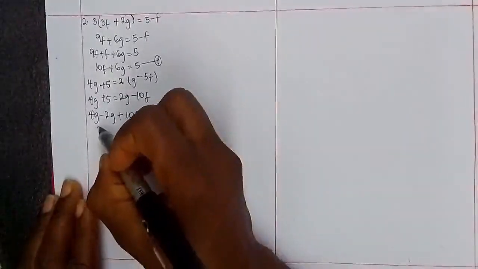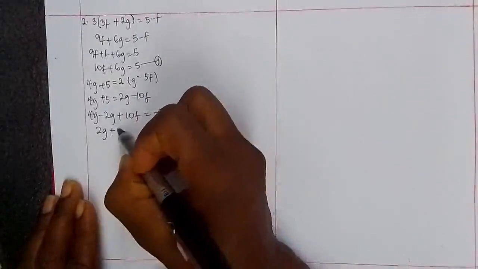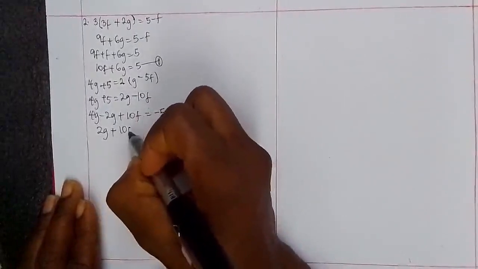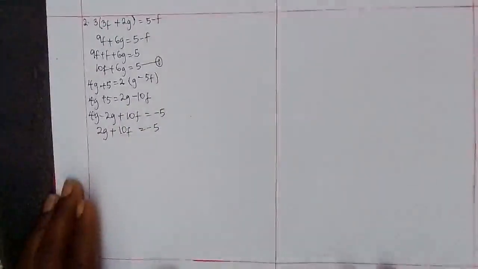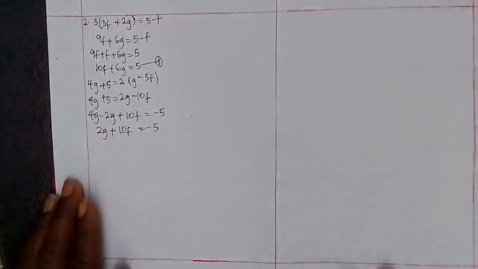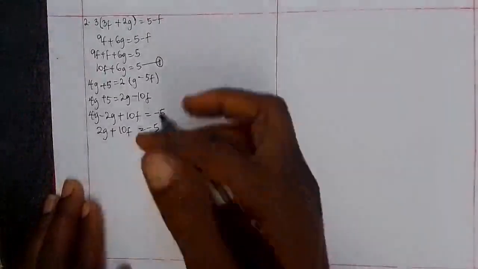So we are left with 2g plus 10f is equal to minus 5. Remember, we are making use of the substitution method.